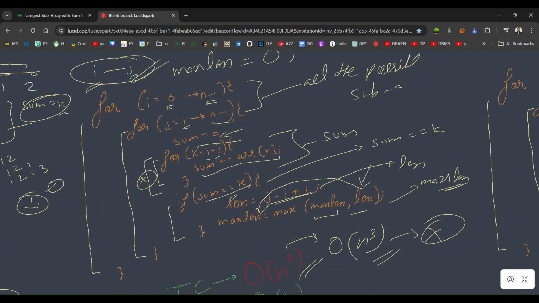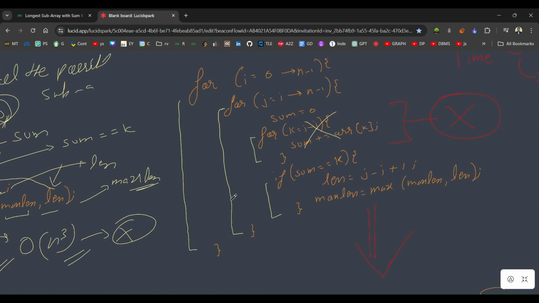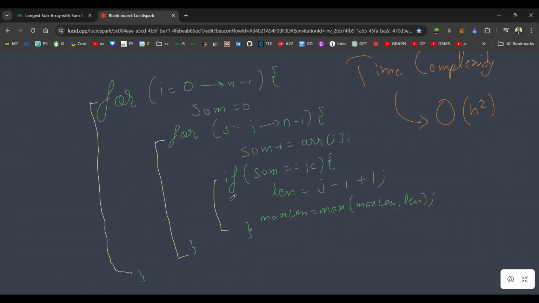So we don't have to iterate from i to j separately, but rather while iterating for j, I will be keeping a sum. So the code looks something like this. I will go from 0 to n minus 1, but before starting the ending point, I am keeping sum equal to 0.